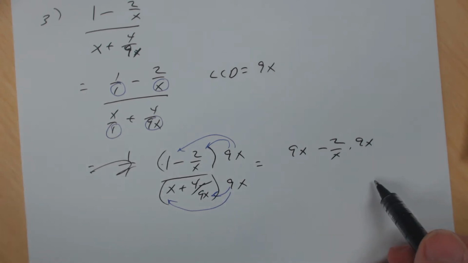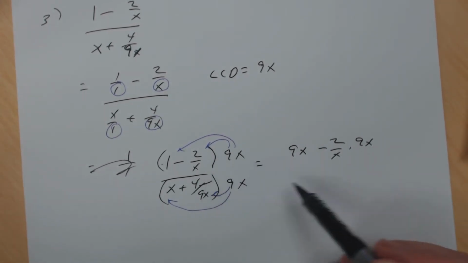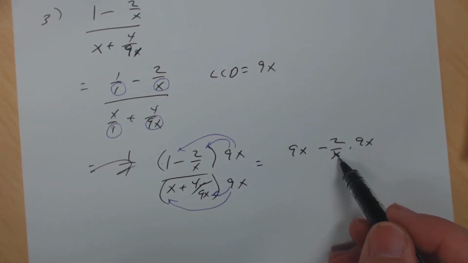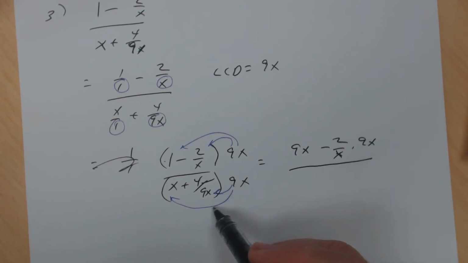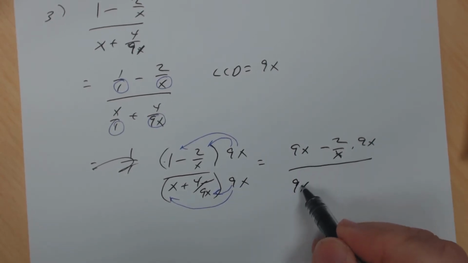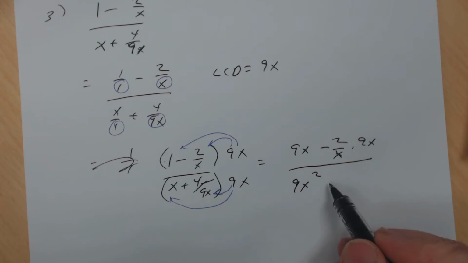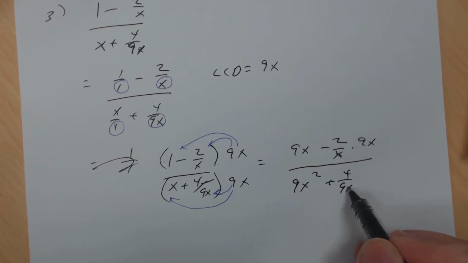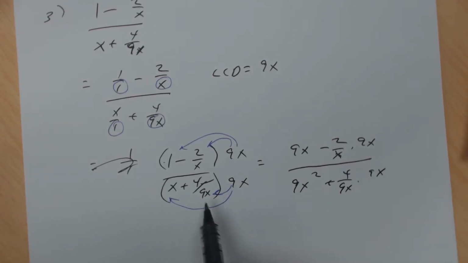So if you can't figure this part out in your head, then go ahead and write it out. Divided by 9x times x is 9x squared plus 4 divided by 9x times 9x.